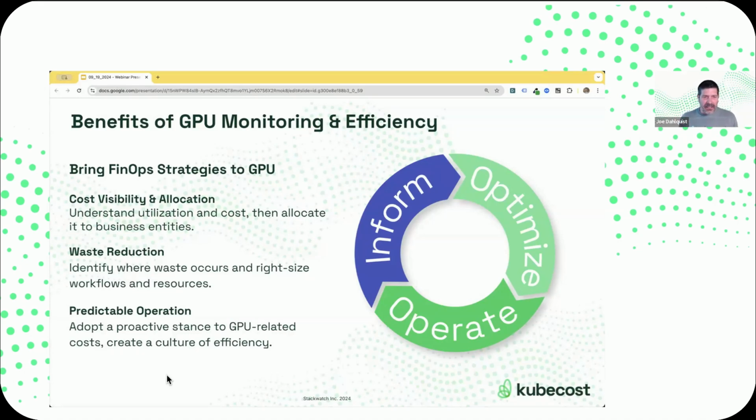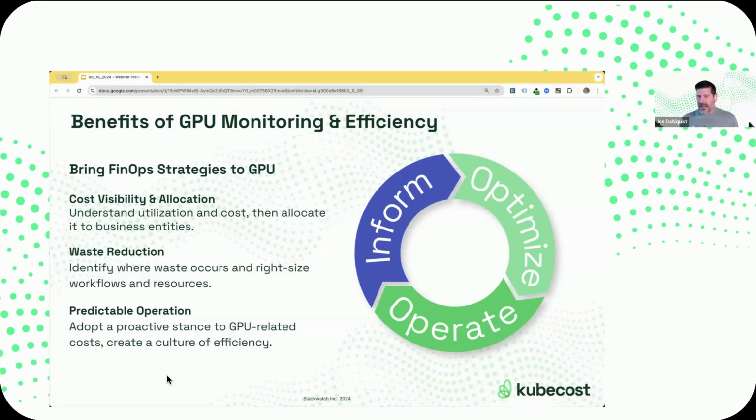By understanding exactly how GPUs are utilized and what they're costing us, we get these detailed insights. We can see which projects, which teams are consuming the most resources. It's that kind of transparency and shining light in dark places that allows us to be more effective and more efficient with everything from how we shape business entities and fund them to how we develop software and operate it.